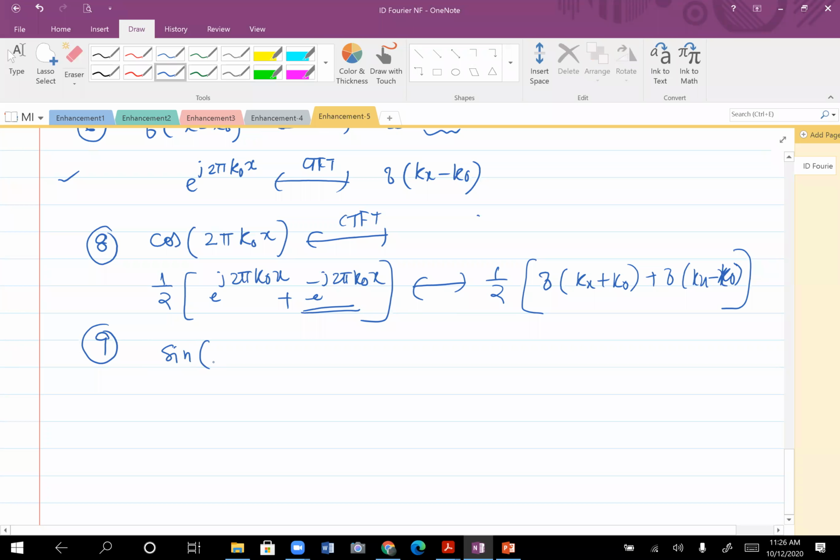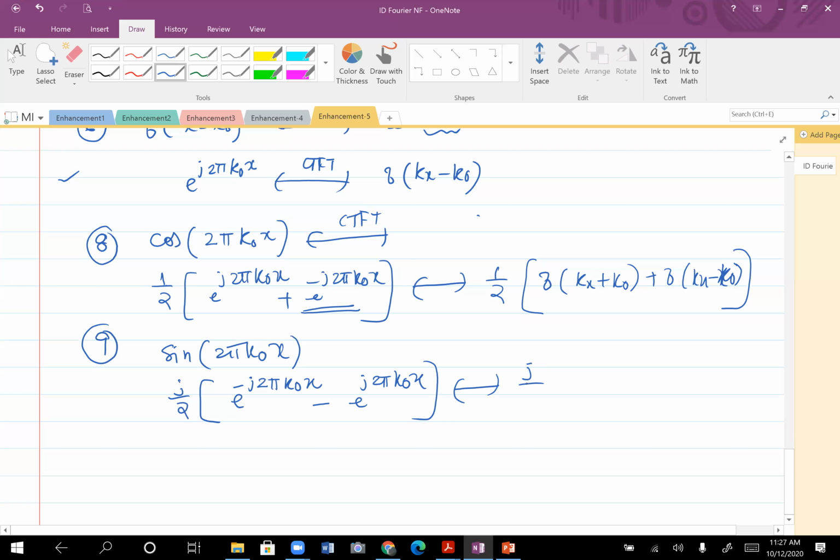Now, I would like to do the same thing for sine. For sine of 2 pi k naught x, how do I write it here? 1 by 2j, so that would be minus j by 2, correct? So let me write it as j by 2, and internally let me change that. That would give me e power minus j times 2 pi k naught x minus e power j times 2 pi k naught x. Am I correct?